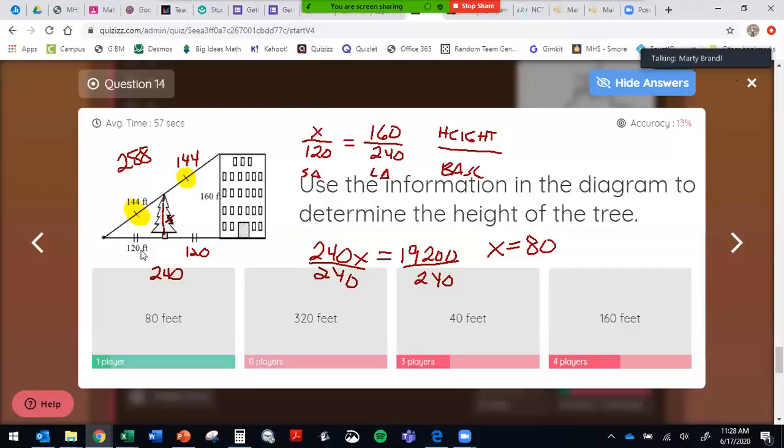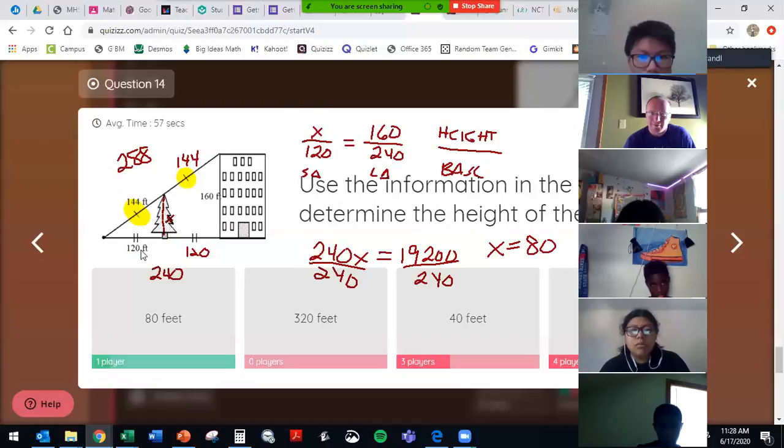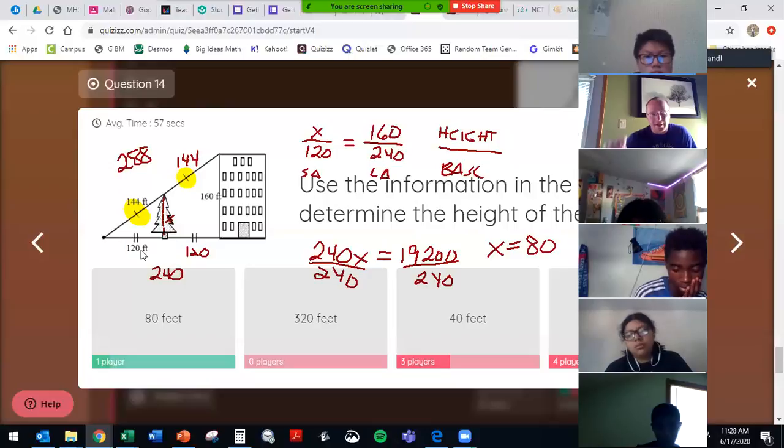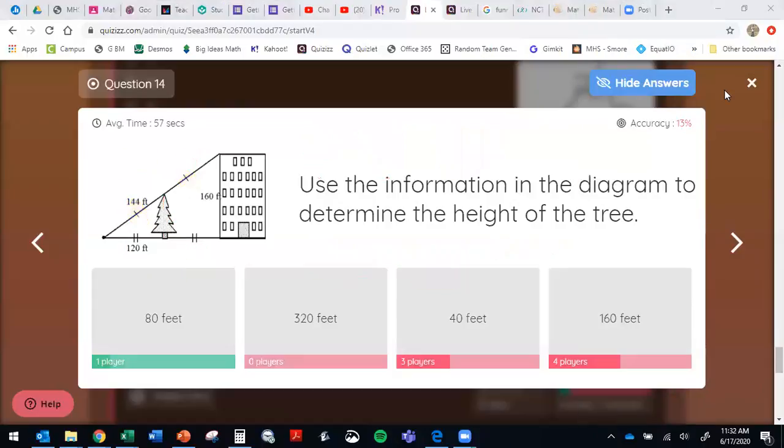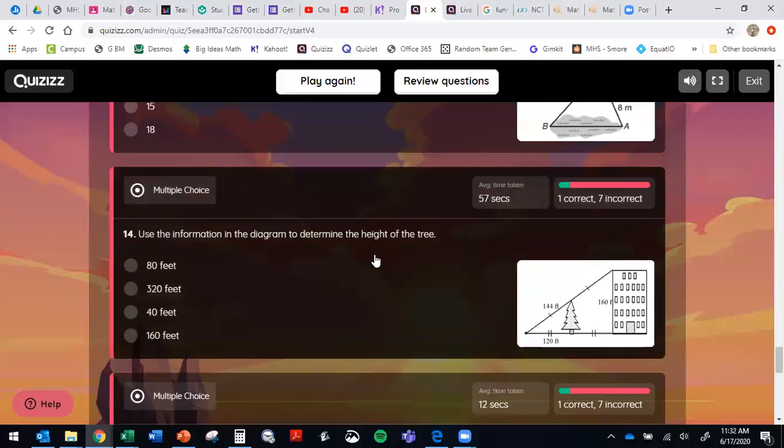What questions do we have on that one? Does that make some sense? So it's identifying what we're given by understanding the diagram. Picture's worth 1,000 words, and then we can set up our proportion and go from there to solve. So, all right, awesome. Let me clear out this stuff, and we'll keep on keeping on here.